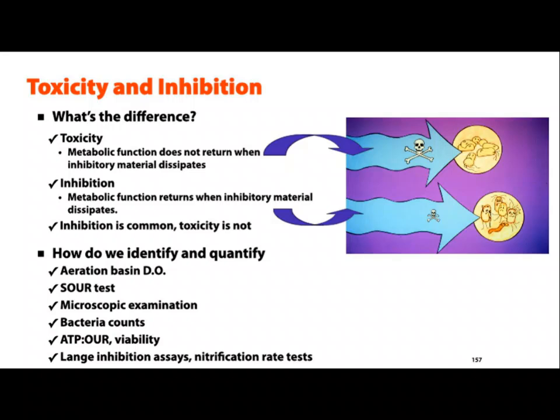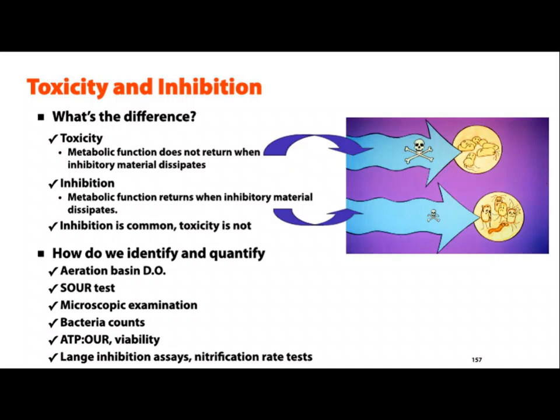We never could regrow from that, and we had to reseed. So that would be a case of toxicity that was a long time in resolving. It's very unusual to see that type of thing. More often than not, what we are dealing with is inhibition, where once the metabolic interference or material dissipates, we're back going again.